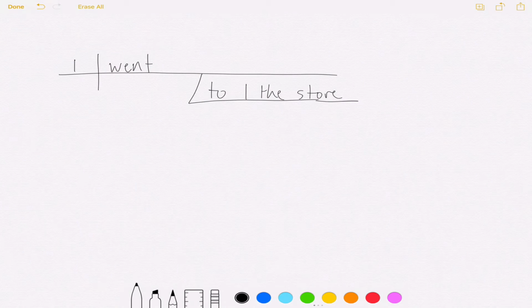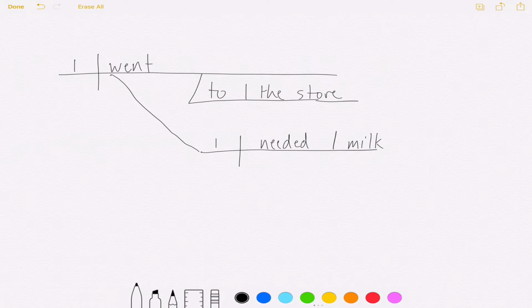And now let's diagram the dependent clause, every part of it except for the subordinating conjunction. The only thing I need to do now is to connect the two. I do this with what we call in diagramming language a right slanted terrace. And then on that right slanted terrace, I include the subordinating conjunction.